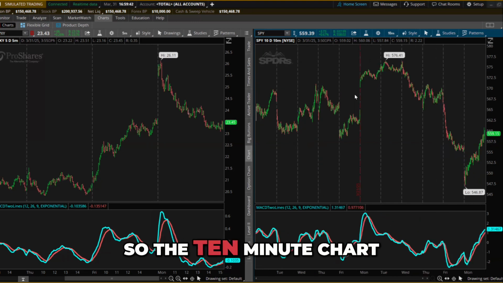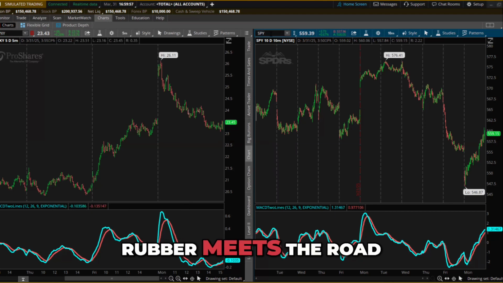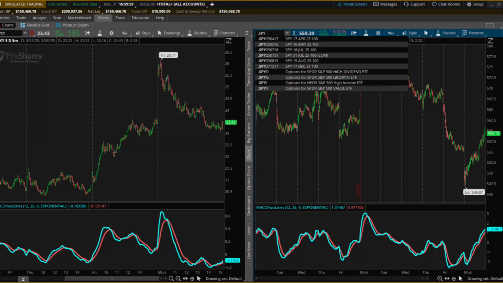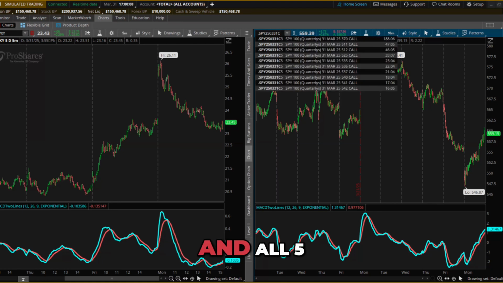So on the 10-minute chart, you do have a pattern, but here's where the rubber meets the road. The 331 call, and let's say 560.